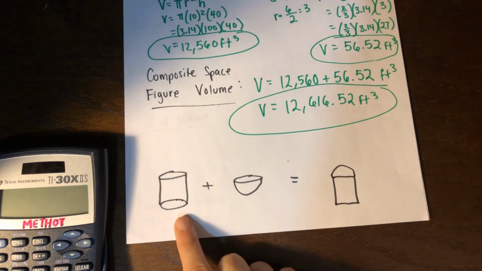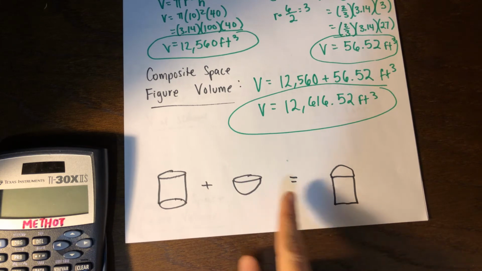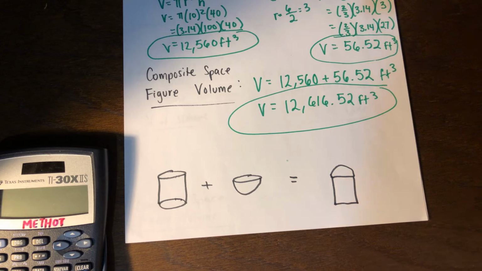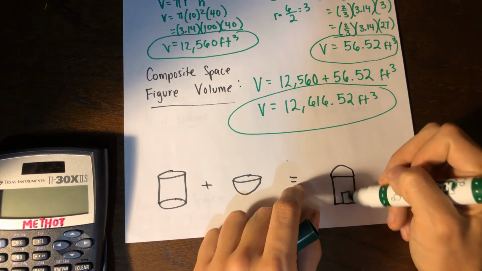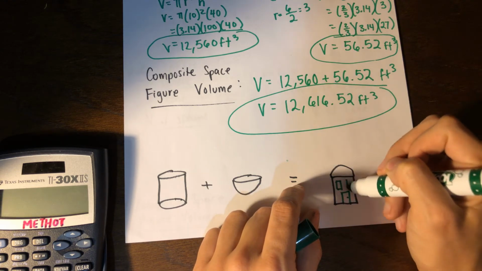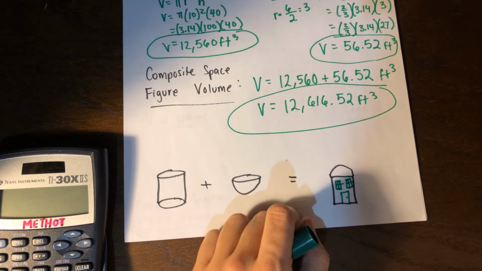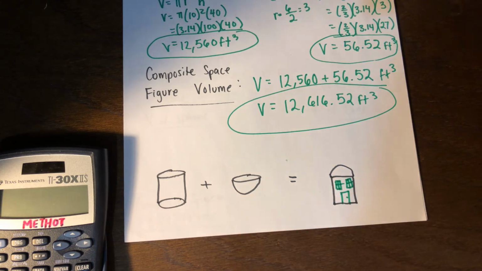So the cylinder plus the hemisphere would look something maybe like this. It would probably be like a house. We could make this into a house. Or you see those water towers that are around. Let's move on to the next question.